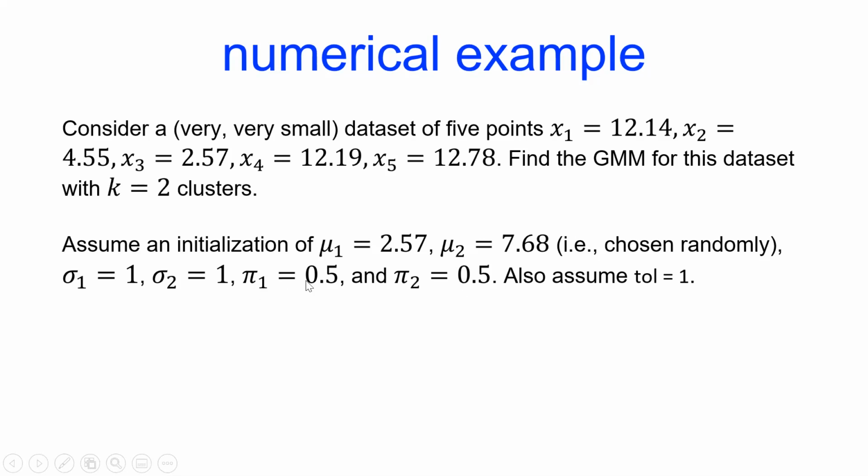At the beginning, we assume both components are equally likely, so we assign 0.5. I guess that is a very good initialization. Then you assign 1 and 1 for your standard deviation. These two values are kind of randomly selected. Then we suggest the threshold to be 1.